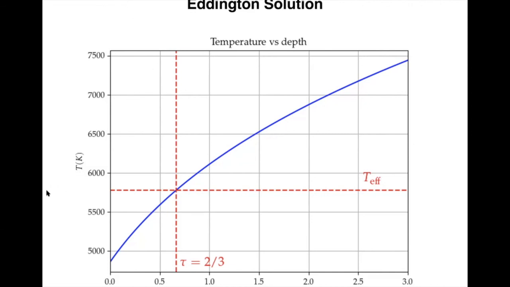As you see here from this graph, within optical depth equal to 1, you're getting photons coming from a layer of about 4,800 Kelvin to a layer of about 6,100 Kelvin. On average, it's as if most photons were coming from a layer of 5,800 Kelvin, which is the effective temperature of the sun. Though this follows from an approximation, the result applies reasonably well to real stars.